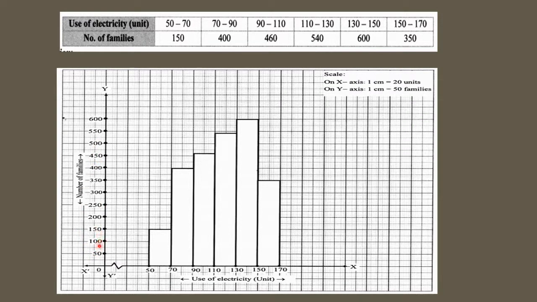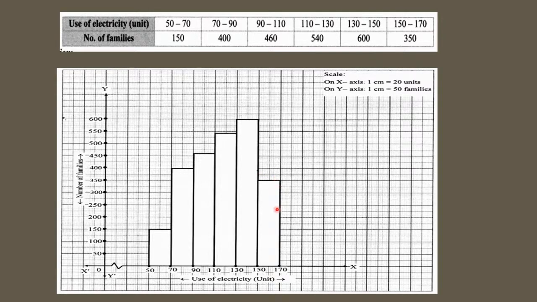First draw: 50 to 70 is 150, and 70 to 90 is 400, and 90 to 110 is 460, and 110 to 130 is 540, 130 to 150 is 600, and 150 to 170 is 350.